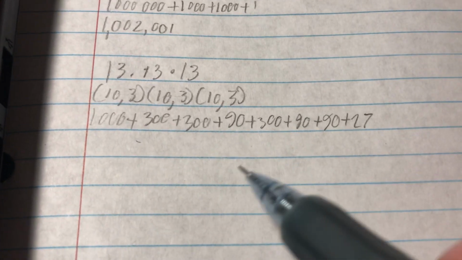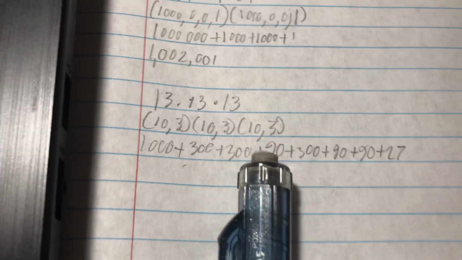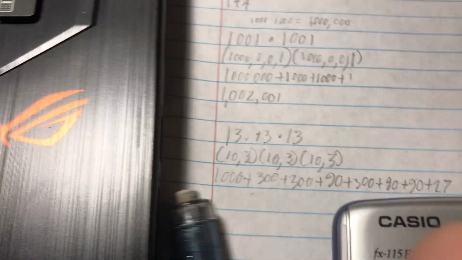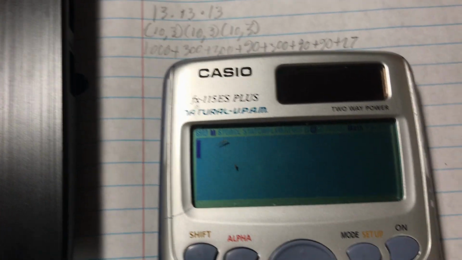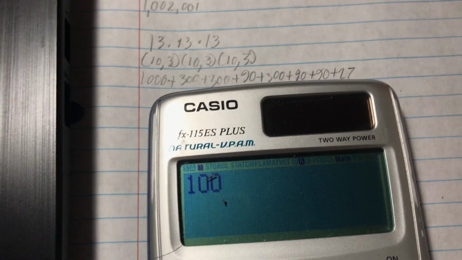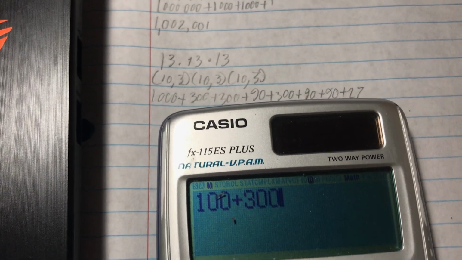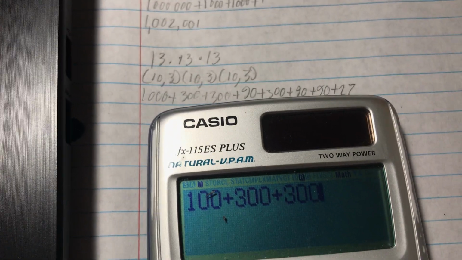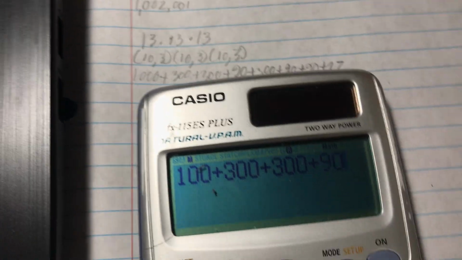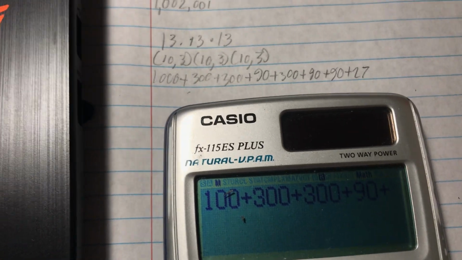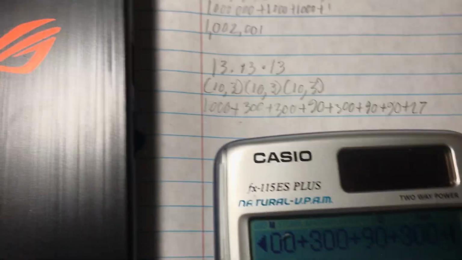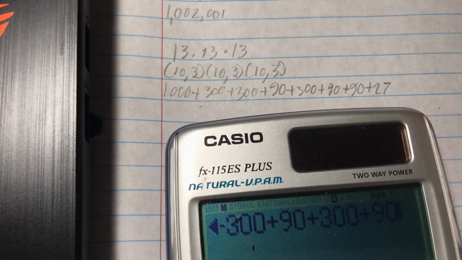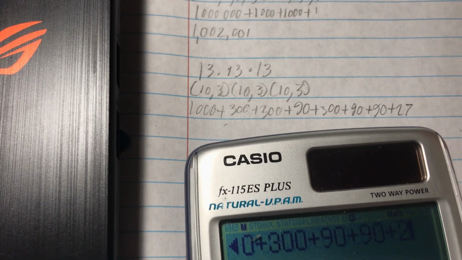Okay. So now we'll add all this up using a handy dandy calculator. You don't have to use a calculator, obviously, but I'm just gonna do this: 1,000 plus 300 plus 300 plus 90 plus 300 again plus 90 plus 90 plus 27.